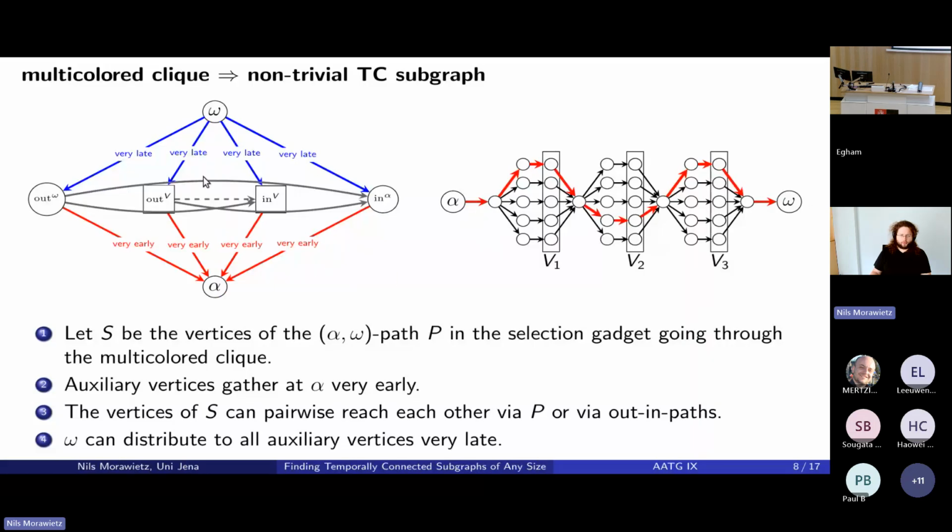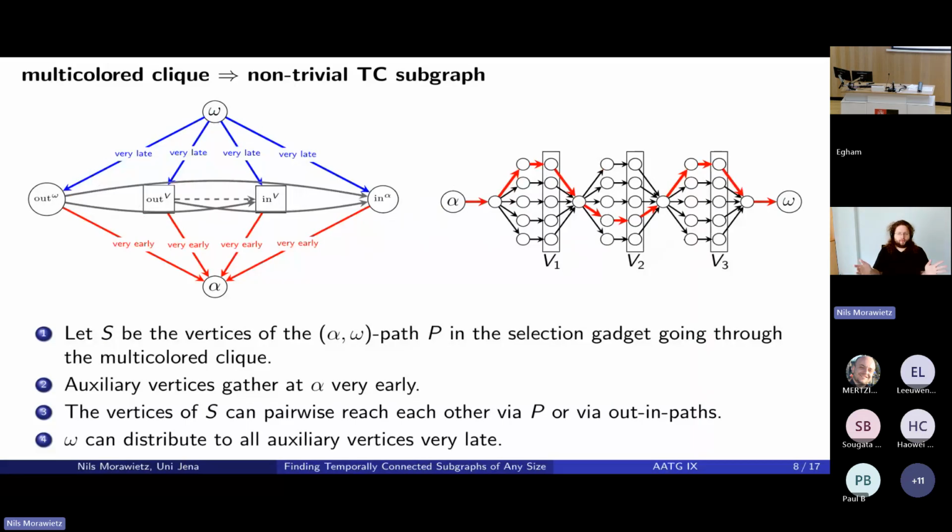In this process, all these auxiliary vertices reach all internal vertices of this path, so the set S, which are then at a late time at omega, but not at a very late time. So omega can distribute it back to all auxiliary vertices, which means that all auxiliary vertices reach all other auxiliary vertices, all vertices of S, and all vertices of S follow along the path to omega and are distributed to the auxiliary vertices.